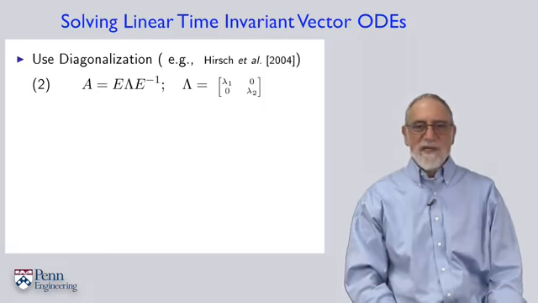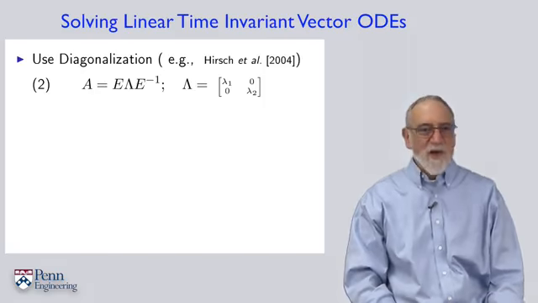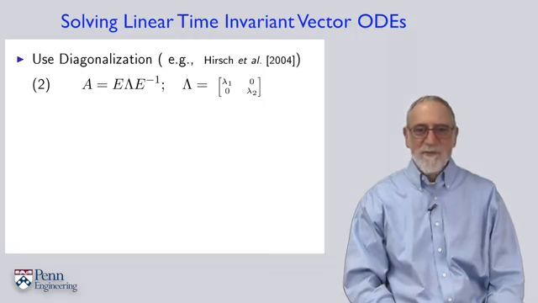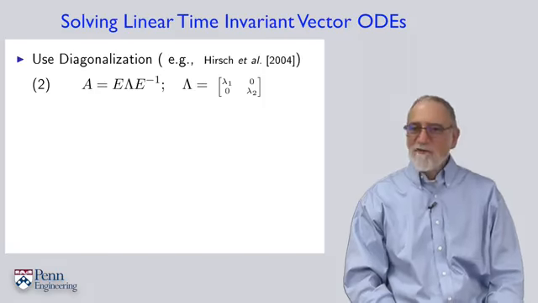Even if they can't be diagonalized directly, there will be a block diagonal form. I'm going to ignore those niceties, and I'm going to pretend that any 2 by 2 matrix can be diagonalized by this change of basis through the eigenvector matrix E. Once again, you should review these ideas in your linear algebra text, or they are reviewed very carefully in the Hirsch, Smale, and Devaney textbook that I'm citing here on this page.